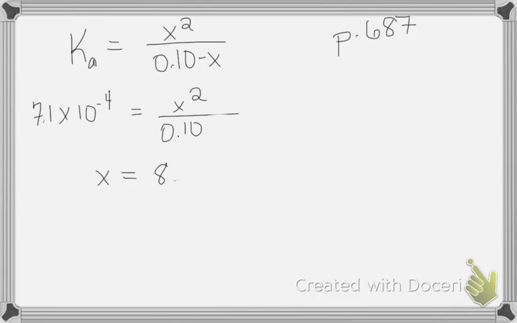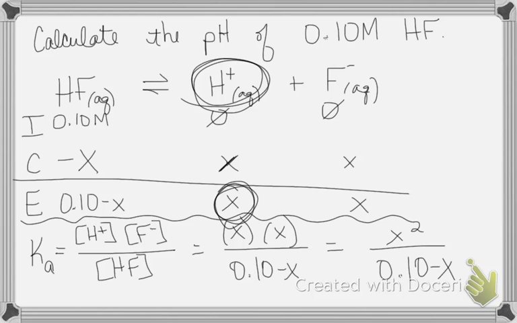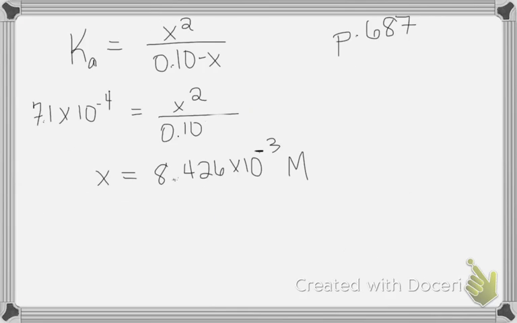I like to write it in scientific notation. It doesn't matter. What is X equal to? If I know what X is, I know what the concentration of the hydrogen ion is, from that original ice table.